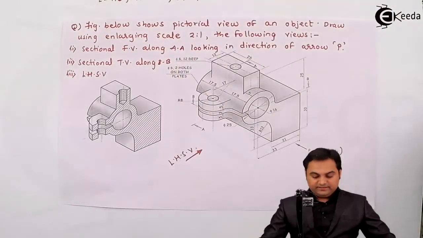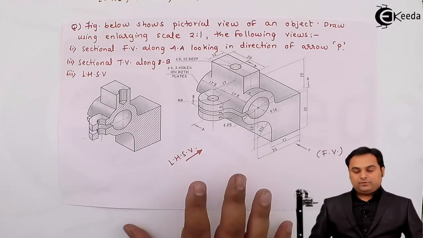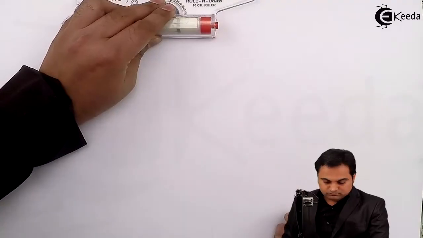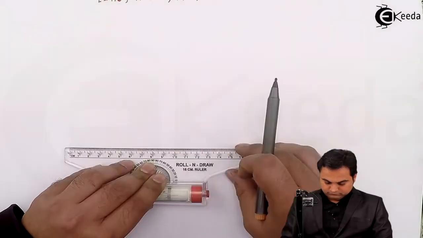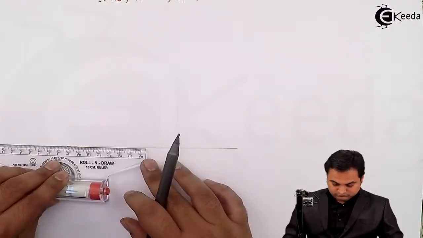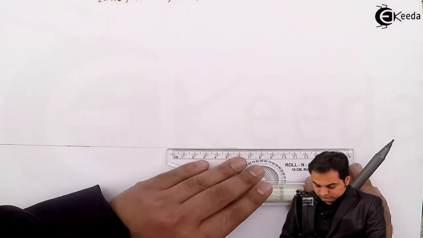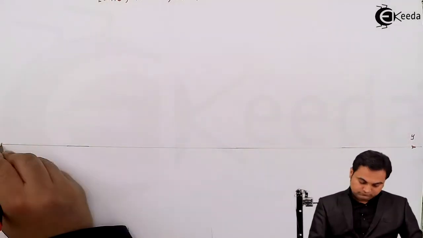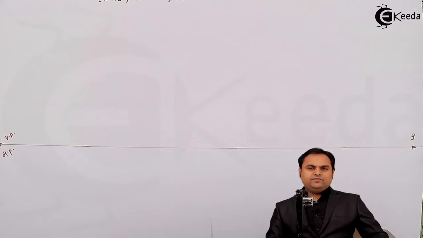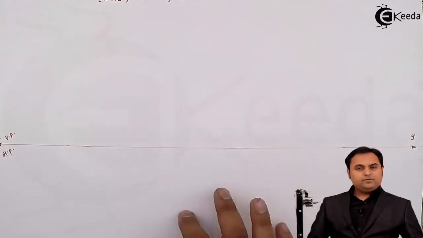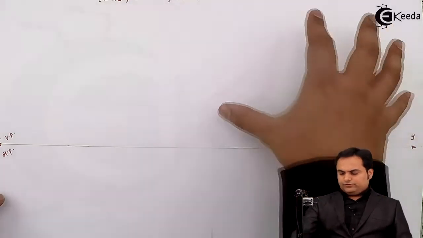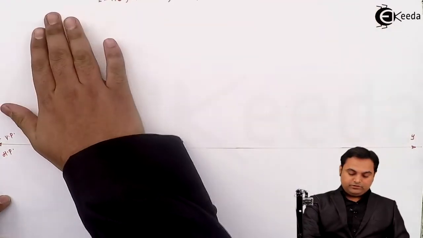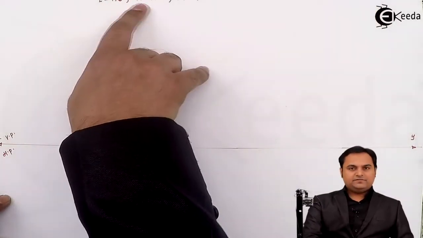Now once the total height and width are known, I'll explain the spacing for this problem, and since the method is not mentioned, we are going to use the first angle method of projection. Here, as we have to draw the left hand side view, by first angle method of projection, the left hand side view should be drawn on the right hand side, that is in VP, and it means if the side view is on the right, the front view should be on the left, and in the front view the length and height are visible.